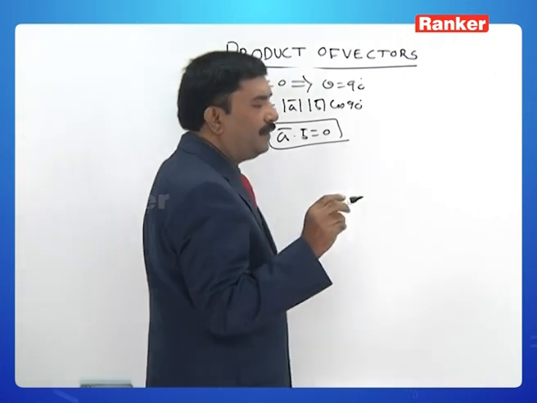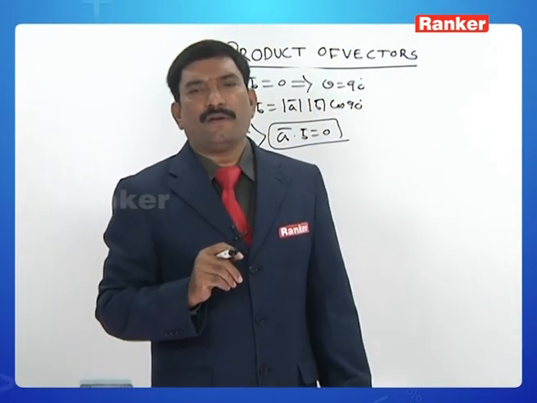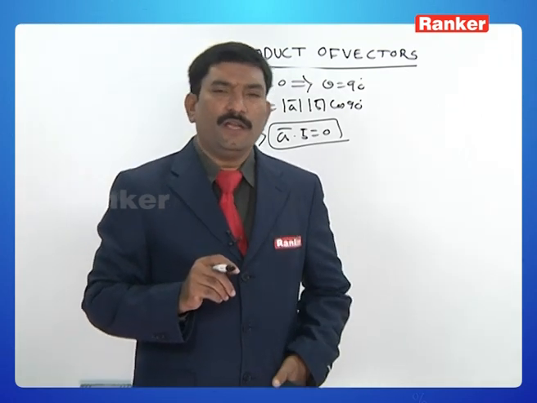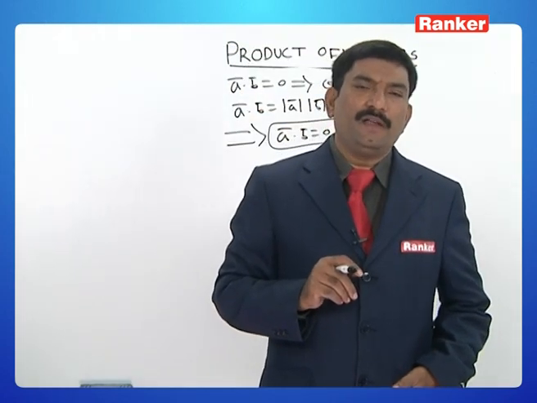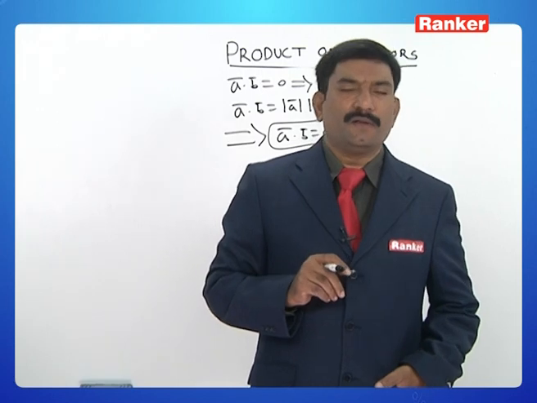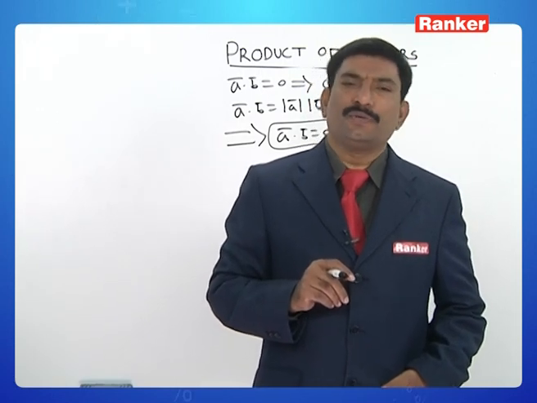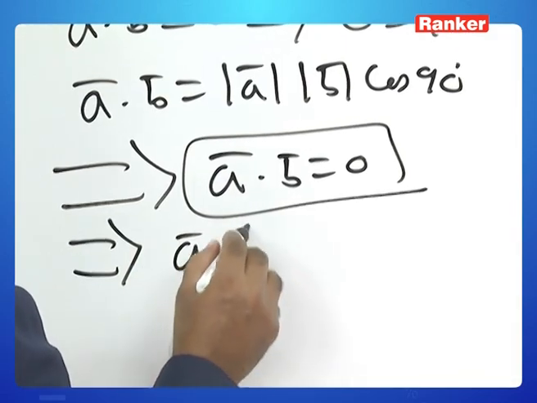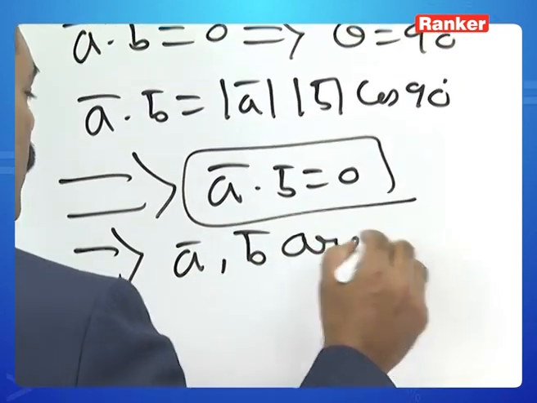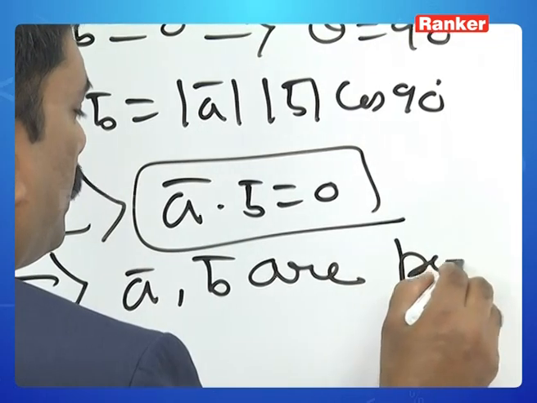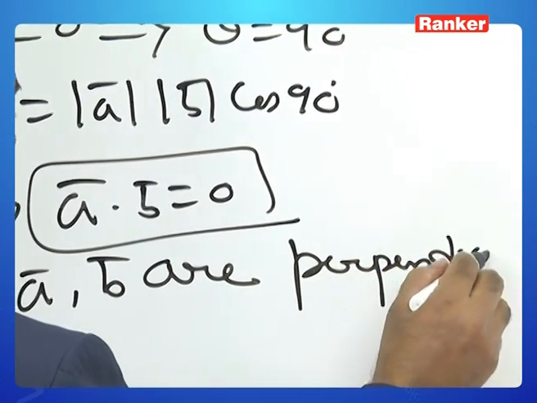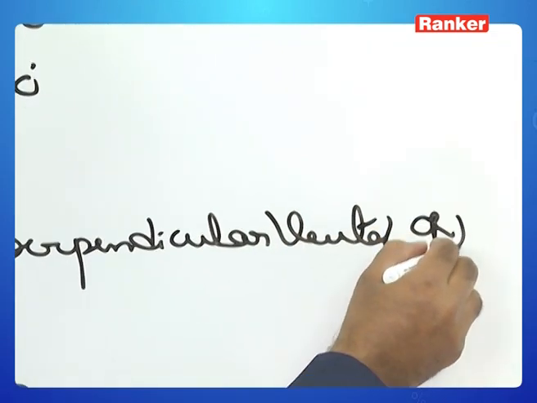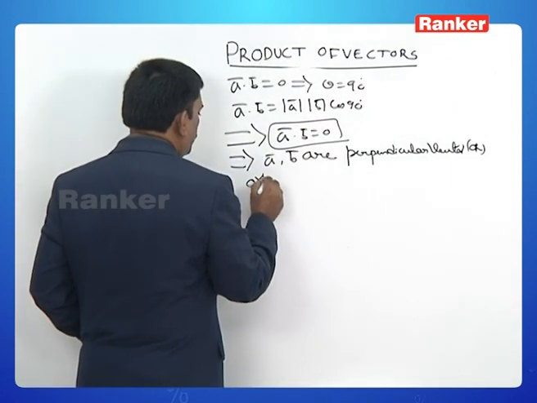So wherever you come across A bar dot B bar equal to 0, then A bar and B bar are perpendicular vectors, or else we can also call them orthogonal vectors. So A bar, B bar are perpendicular vectors, orthogonal vectors.